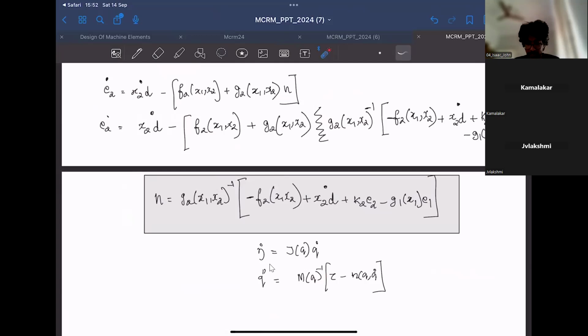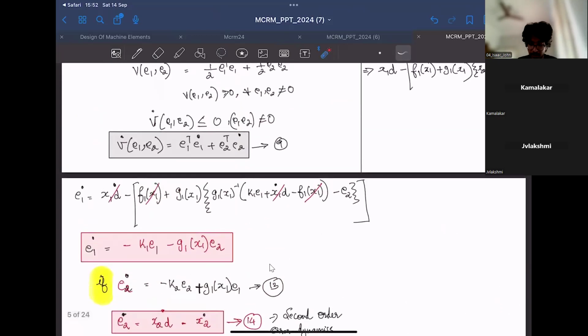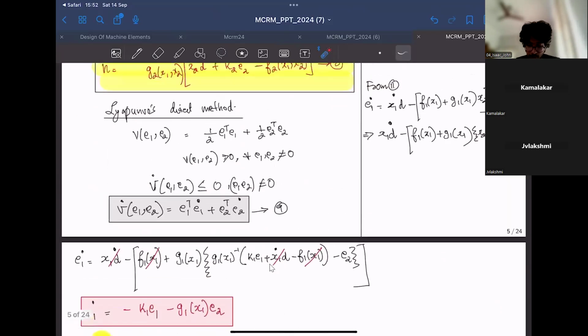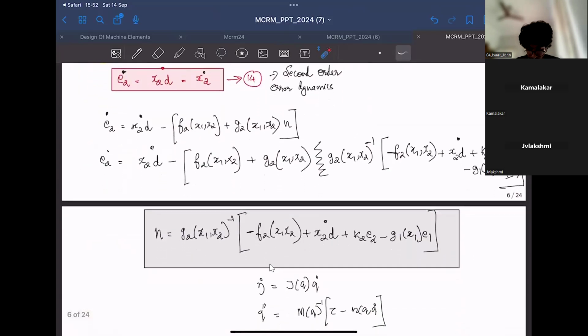So that is about this cascaded control, because probably in the lectures there may be some small mathematical errors. I think here we have done it correctly, without any errors.